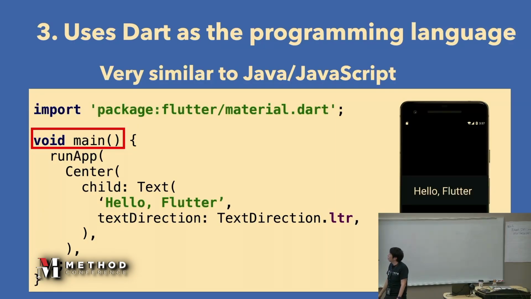Dart code starts from the main function like this, and it's very easy to understand. It uses very easy widgets like the center widget and text widget. A widget means a user interface component. It's a very simple code, so it's easy to understand and easy to get started.